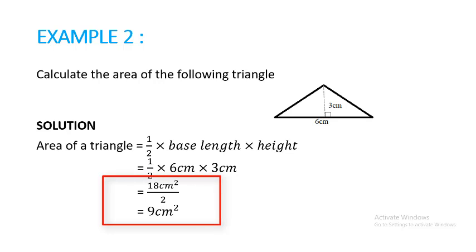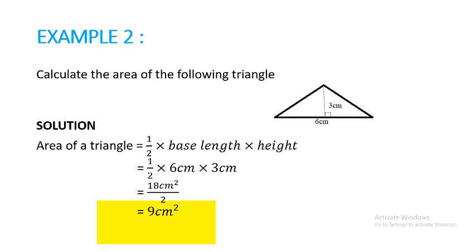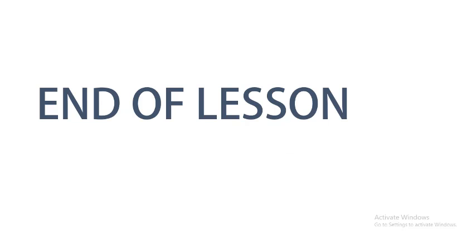Divide by 2. So if we divide 18 square centimeters by 2, the answer is 9 square centimeters. That is the area of that particular triangle. Okay, so when you are given the dimensions, just substitute the dimensions into your formula to find its area. Okay, so that is the end of the lesson.